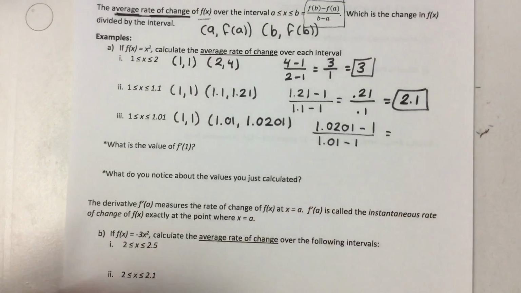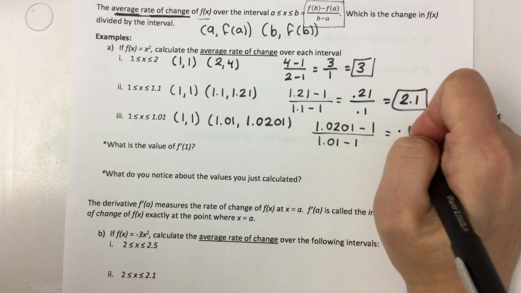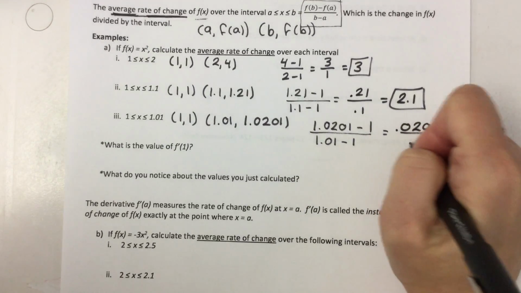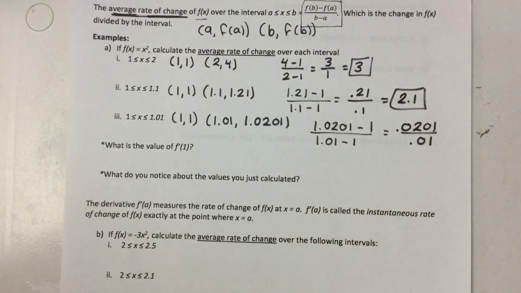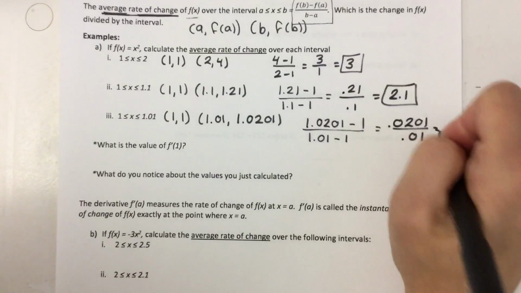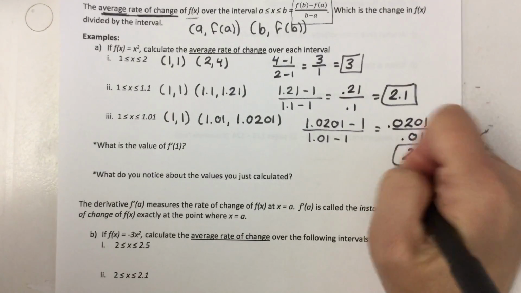So if I do my subtraction, on the top I have 0.0201. On the bottom, I have 0.01. If I divide those two, I end up with 2.01.